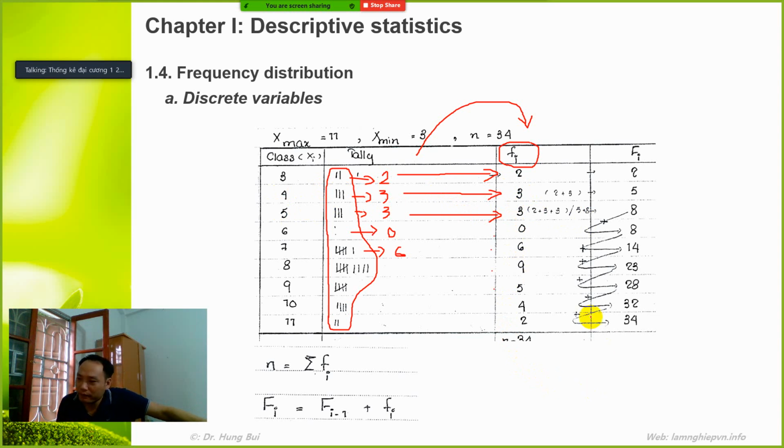It's very easy. And now look, guys, I want you to calculate the sum for me. 2 plus 3 plus 3 plus 0 and so on. What is the result? The total here. 34. So you have to use a computer, or you have to use your handy calculators, to calculate the sum.